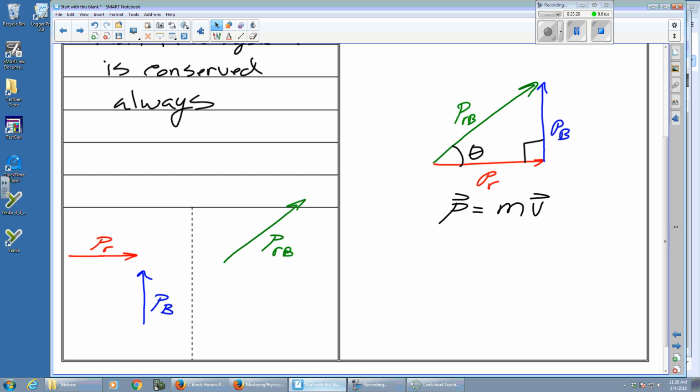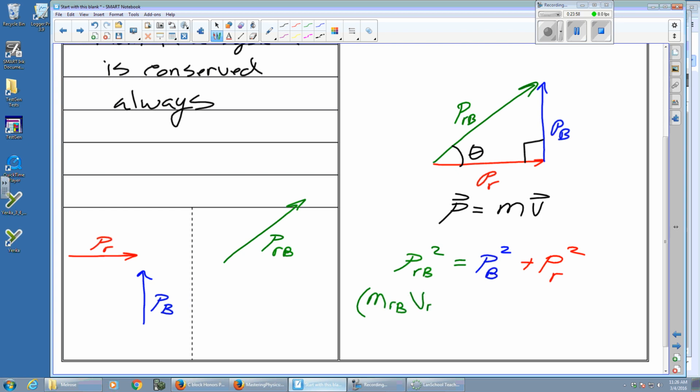Why not? So I know that Pythagoras relates the hypotenuse to the sides, so that the momentum of RB squared has to equal the magnitude of the blue side squared plus the magnitude of the red side squared. So the magnitude of the hypotenuse would be the mass of RB times the speed of RB.